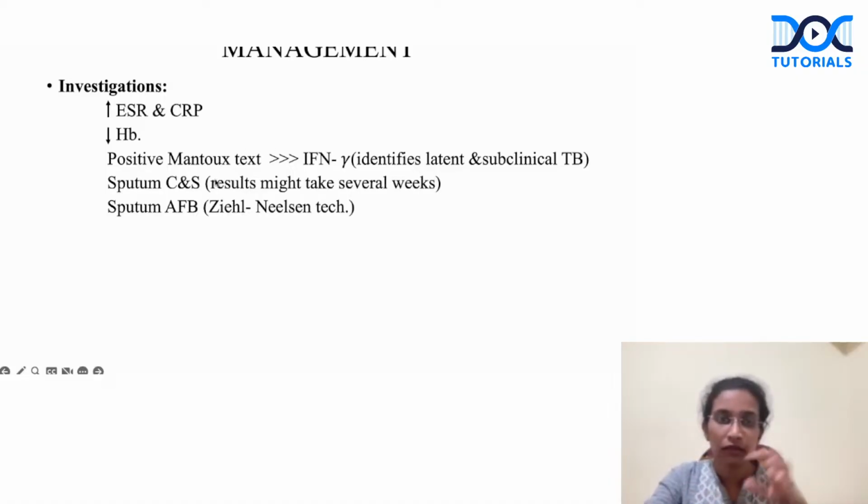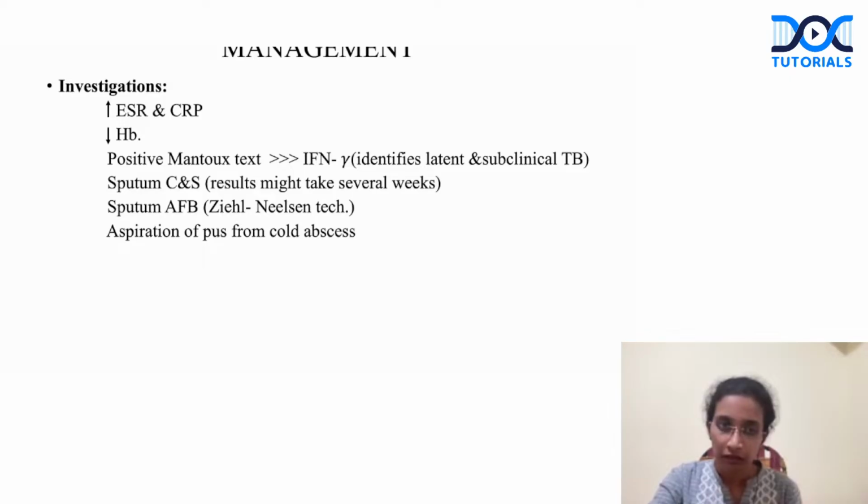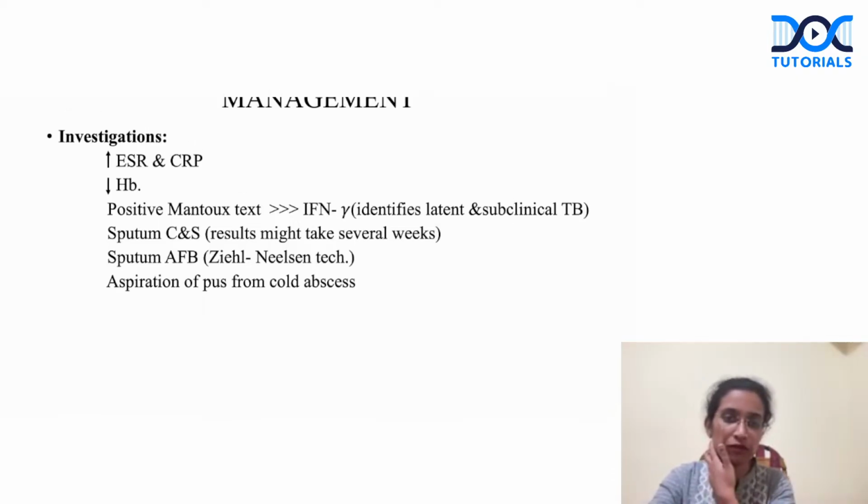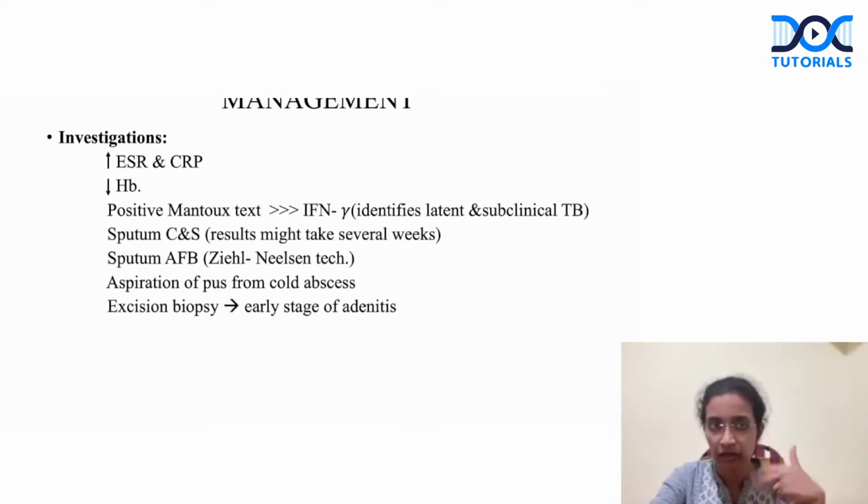The other conventional tests are sputum culture and sensitivity, but the results might take several weeks, and sputum AFB staining technique has to be done. Pus can also be aspirated from a cold abscess, but it will be very thick, but still there are techniques for that. Aspiration of pus from a cold abscess can be done, and it's sent for CBNAAT or culture or AFB.